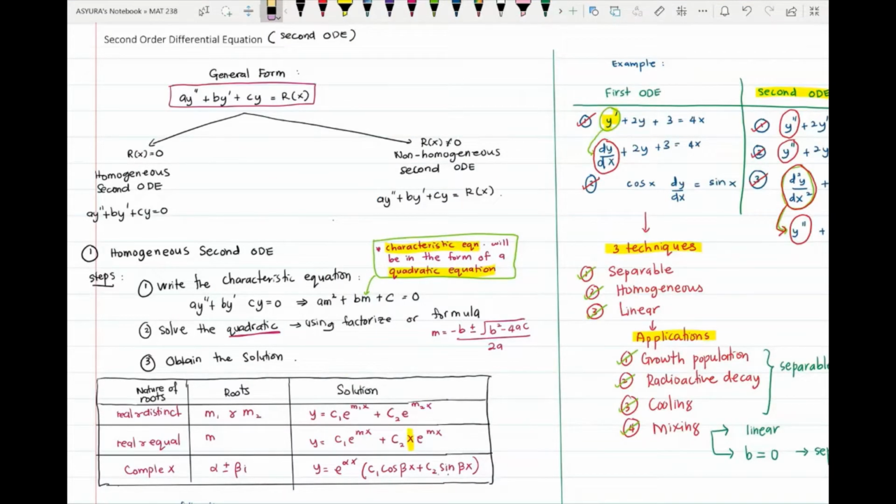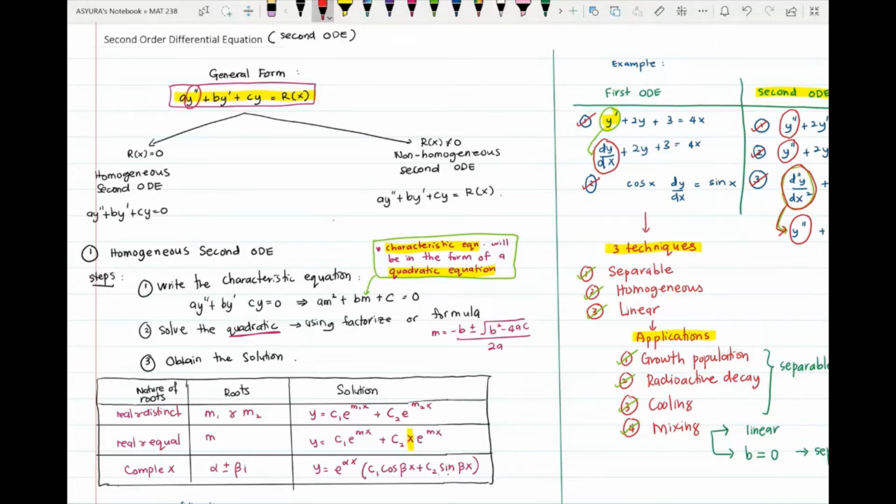Next, let's see what the second order differential equation is. The general form for the second order differential equation is given as ay double prime plus by prime plus cy equals r(x). So your r(x) is your right hand side. As I have mentioned earlier, the highest order of your derivative equation must be second order.